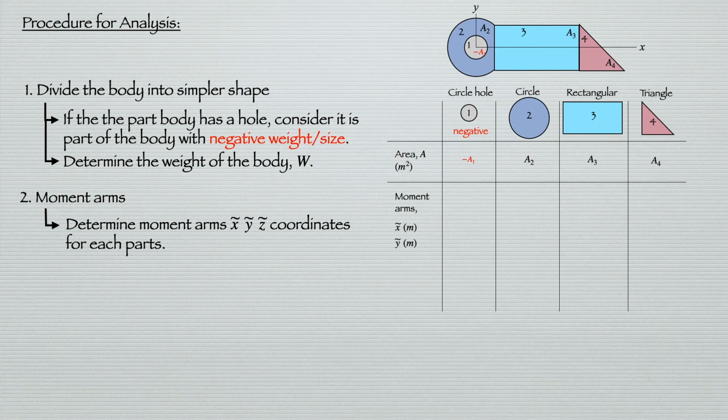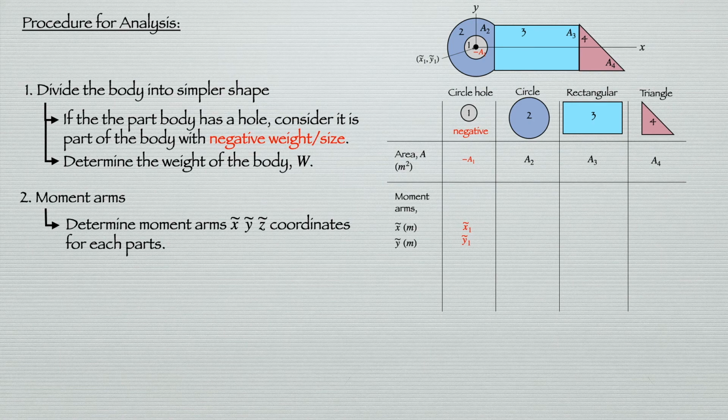For the first hole, the circle, we have X1 and Y1. This coordinate depends on the location of the X and Y axes, either on the positive side or the negative side. If it is on the negative side, we need to put a negative value. If on the positive side, we just put a positive value.